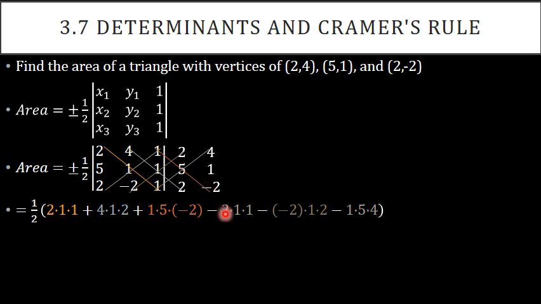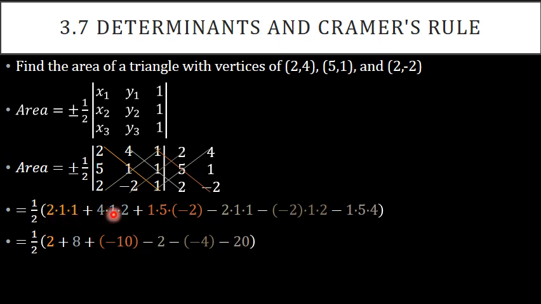Then you have the up diagonals here. So it's minus 2 times 1 times 1. Minus negative 2 times 1 times 2. Minus 1 times 5 times 4, because they're up diagonals. And it's still multiplied by a half because the area is 1/2 the determinant. Simplify it together.